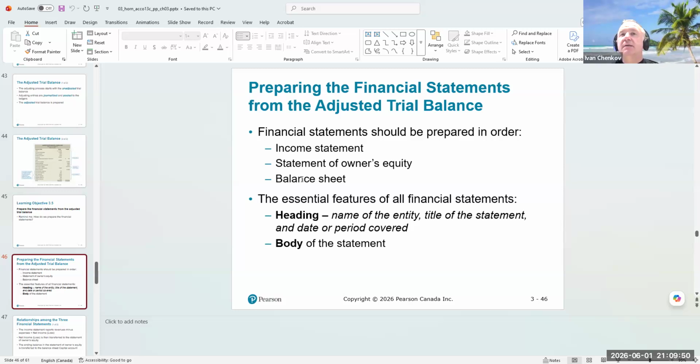Now, what is the essential feature of the financial statements? Obviously, the heading, which is always going to be the name of the company, name of the statement, and the date or the period which the statement covers.